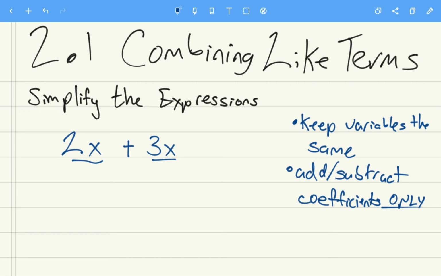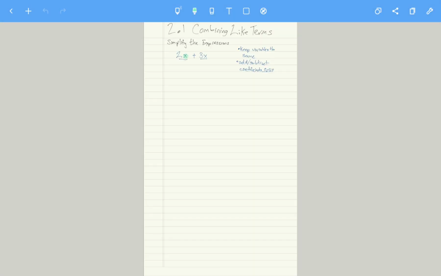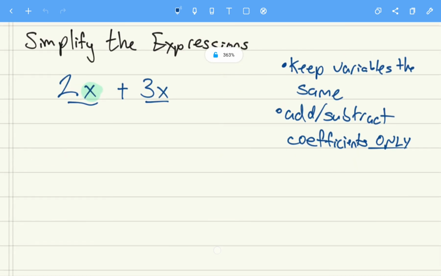So now we can only add and subtract two terms if they are like terms. So 2x and 3x, they have the same variable piece. They are both x to the first, or just x. So we will add 2 plus 3, which gives us 5. Bring down the x, and we get 5x.